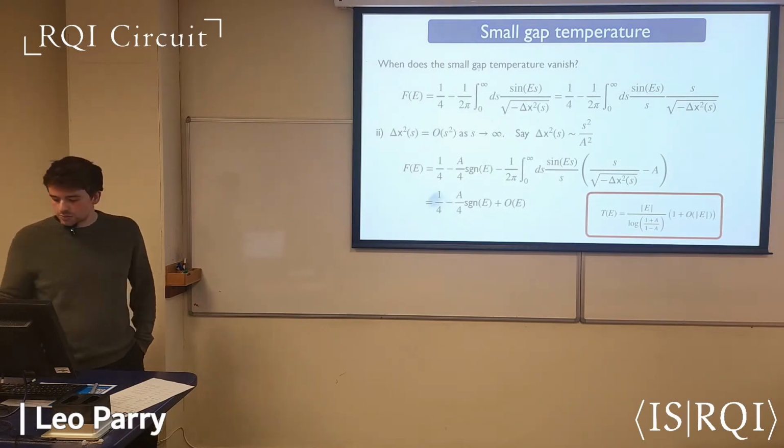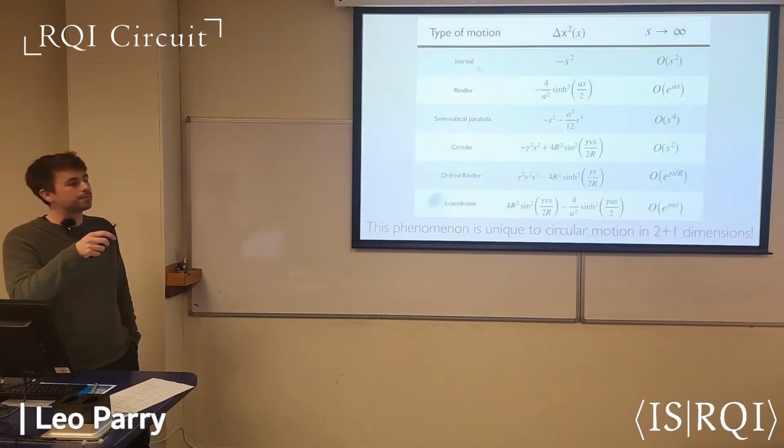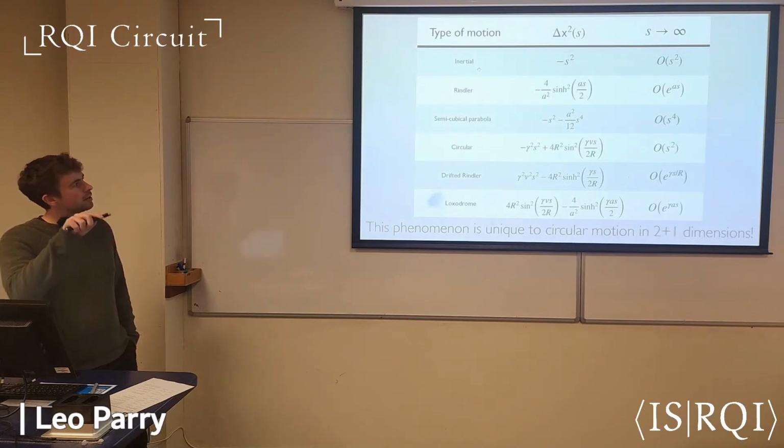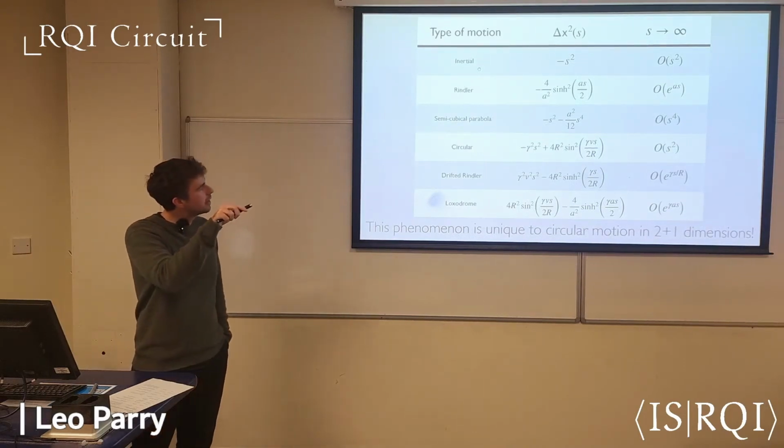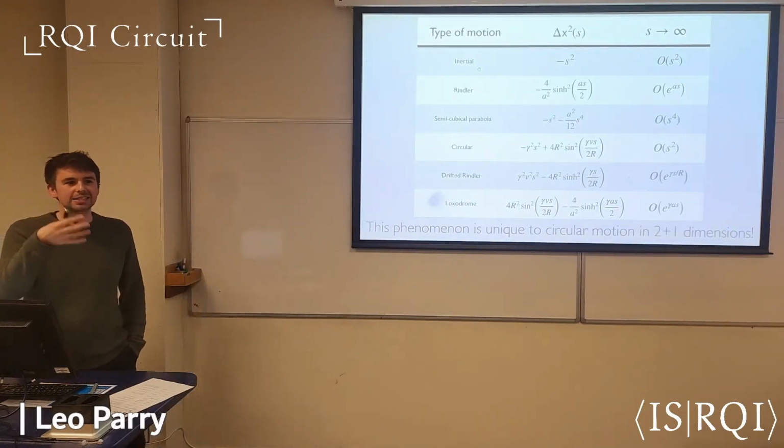So then the question is, well, which kind of motion has this property? So these are all the types of stationary motion in, well, I mean, we can forget about this one. This one doesn't exist in 2 + 1, the loxodrome. But let's think about these 5. We can ask, well, which of them has delta x squared of order s squared as s goes to infinity? Well, the first one here is inertial motion, but inertial motion gives identically T equal to 0, right?